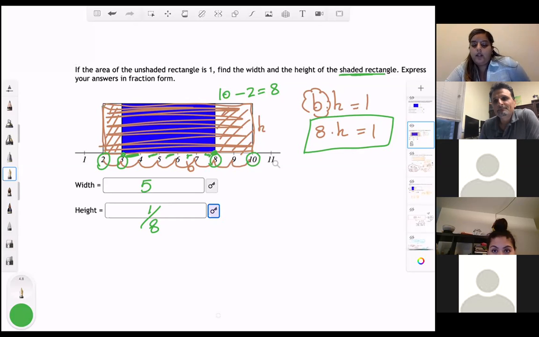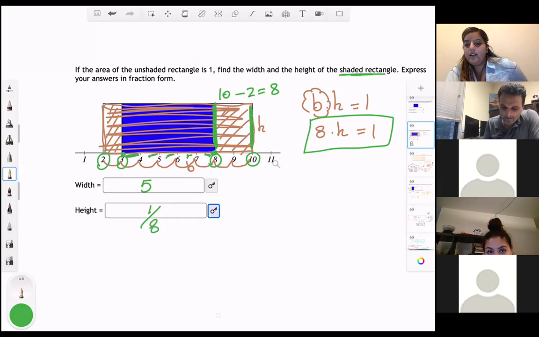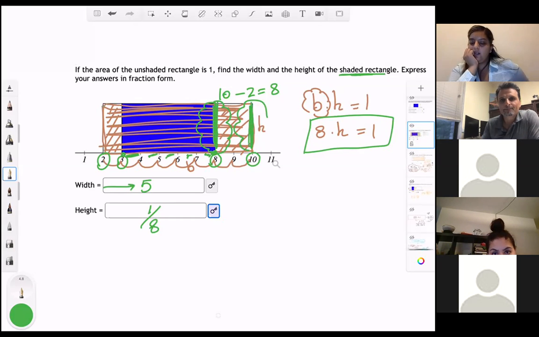Wouldn't it be 1/5 because it's asking for the shaded area? Very good question. Look at the height. Here is a height, correct? And that's the height. But it says find the width and the height of the shaded area. So if the width of the shaded area is 5, wouldn't the height be 1/5? The width is 5, but the height of both of them are the same.